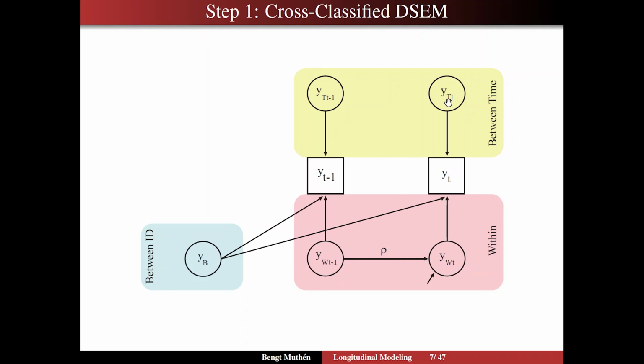The cap T stands for between time, and this is time point t. So this is like a factor, or continuous latent variable, at each time point. And these can be estimated, and these can be plotted. So this can capture, in an exploratory fashion, cycles variation across time. And that's the nice feature of cross-classified DSEM.